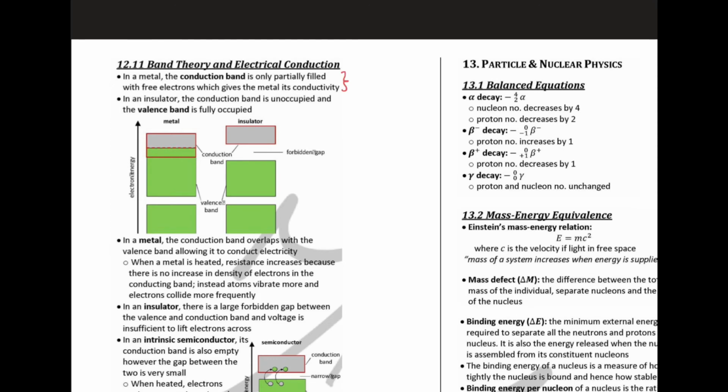Then in an insulator, or maybe I give you one more piece of information first for metal. I have information here saying that free electrons in the conduction band have broken free from the individual atom and are able to move through the material.